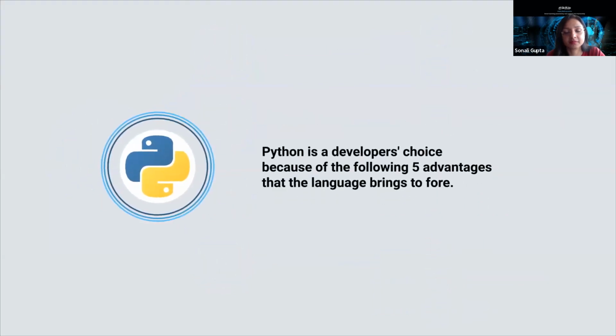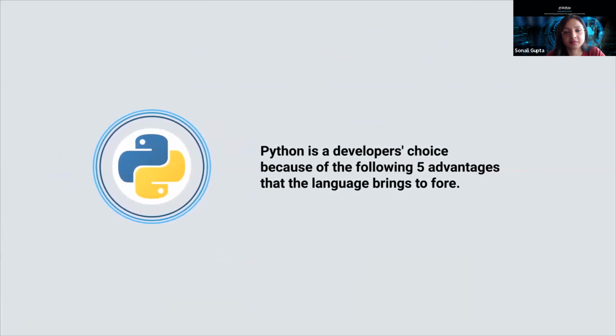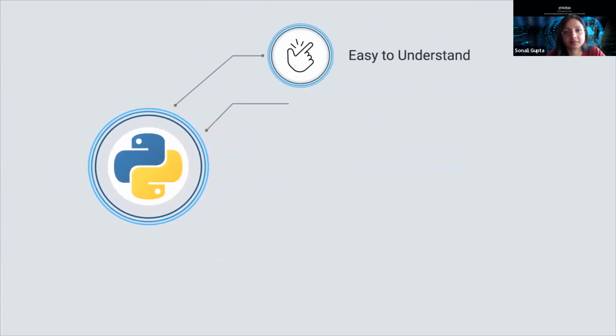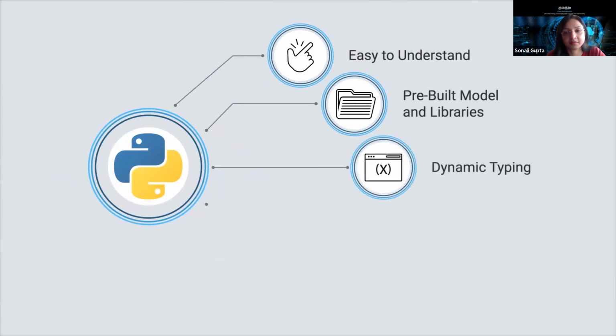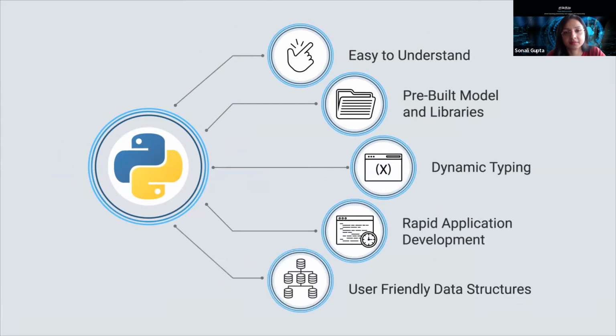Python is a developer's choice because of the following 5 advantages that the language brings to fore. It is easy to understand. It has pre-built models and libraries. It can be dynamically typed. It is ideal for rapid development, and it comes with a user-friendly data structures.